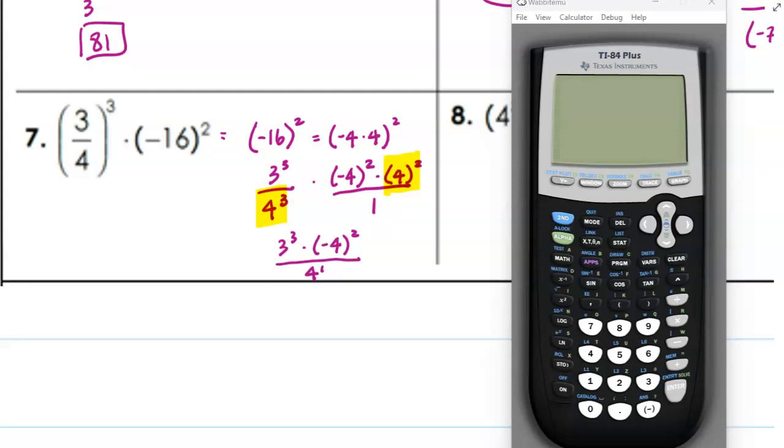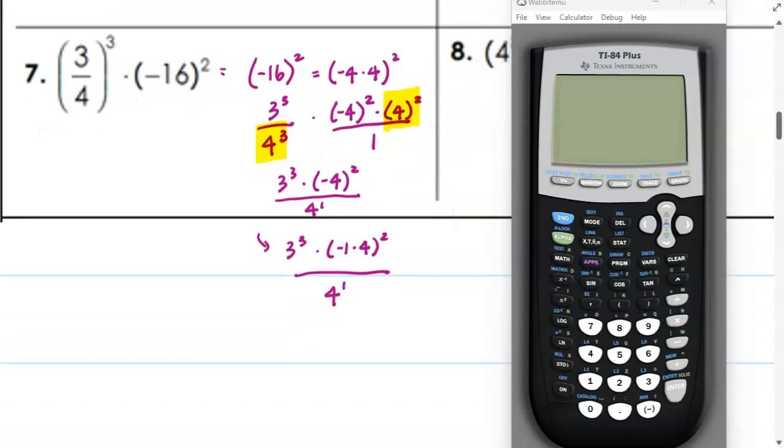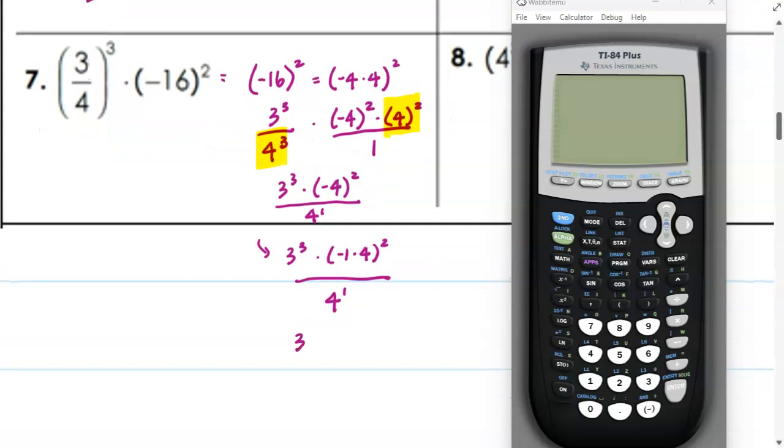And then, with these, I like to have a little fun. 3 to the third times, I could further split that out like that, 4 to the 1, and raise that, 4 to the 1.